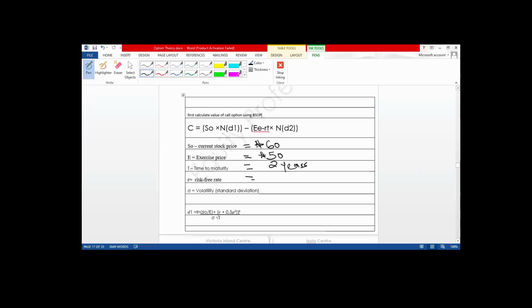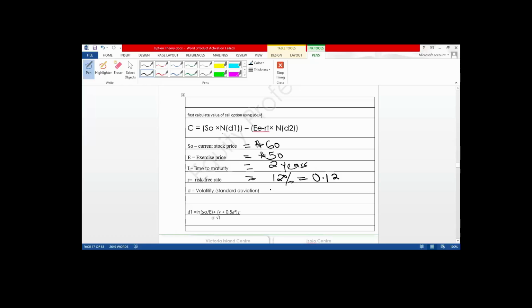Just pick your variables, please. What you need most now is to pass the exam. Identify the 5 variables you require. Risk-free rate 12%, that is equal to 0.12.